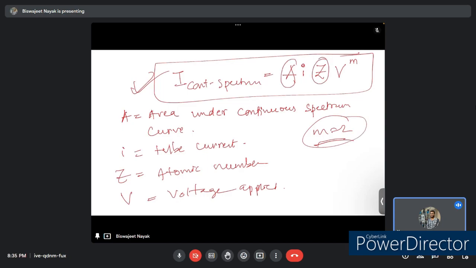For heavy metals the Z value will increase, and again if we also give high voltage, this value will also increase. And yeah, there are certain applications to it which we will discuss in later lectures.